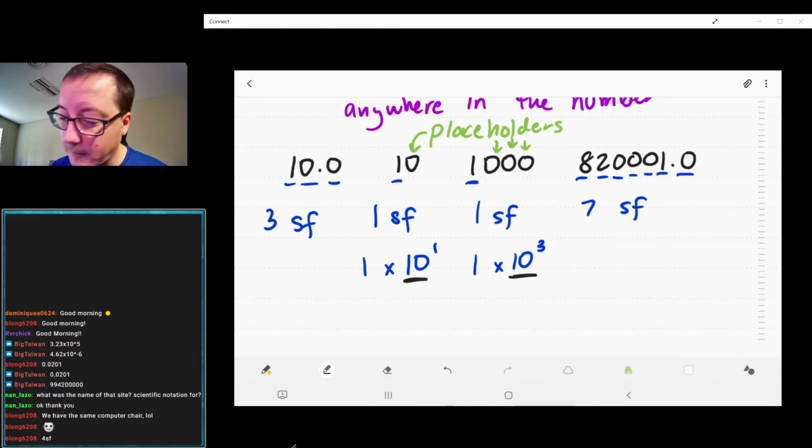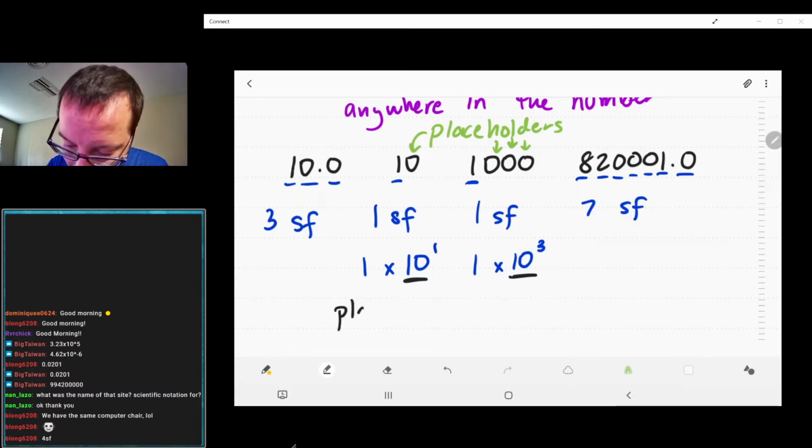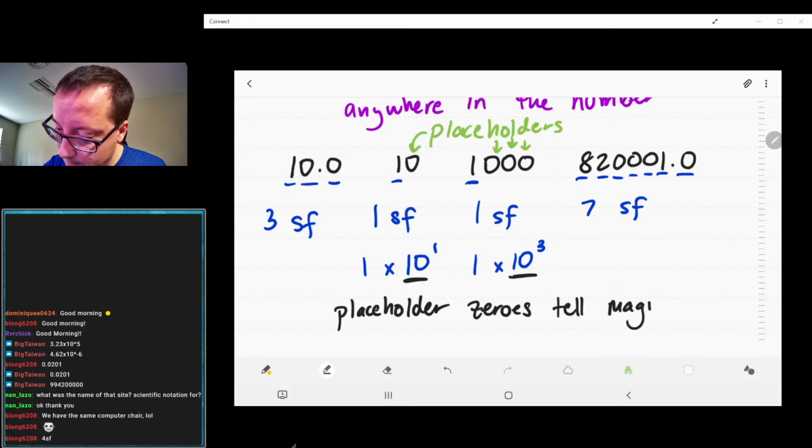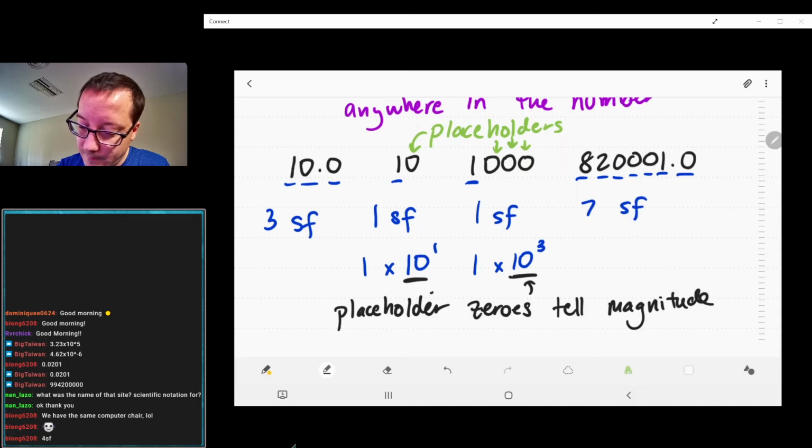So that's going to tell us again the magnitude. So placeholder zeros will tell us magnitude. That's what I'm trying to say. Magnitude meaning how big or small the number is. So that's where those placeholder zeros are going to go.